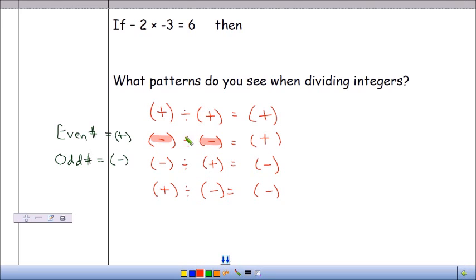If you look at the other ones, we have an odd number. We only have this one. That's 1, an odd number, so our answer is negative. On this problem we only have one negative, again 1, so my answer is also negative. But if it's an even number, it's always going to be positive. If it's an odd number of negative signs in your problem, then it's going to be negative.